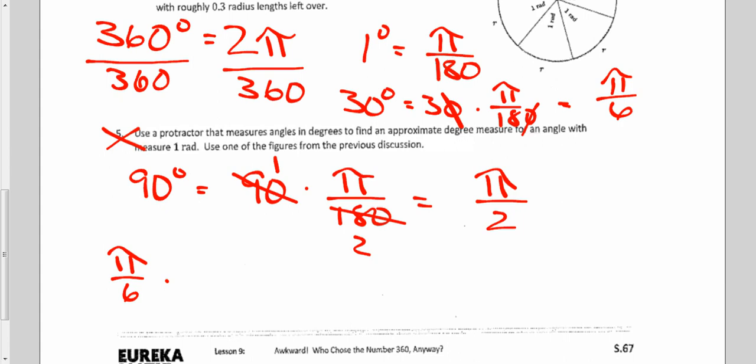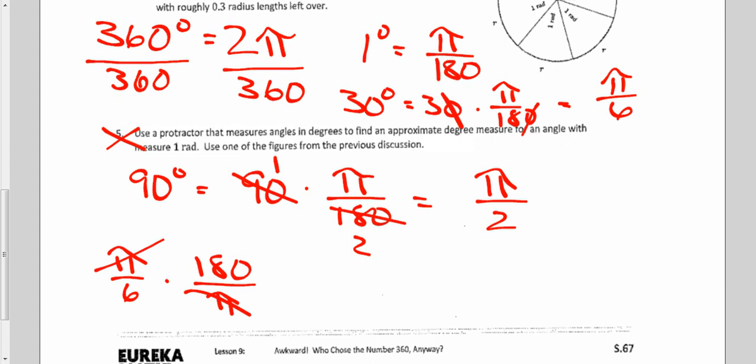Dividing is like multiplying by the reciprocal, right? Change. Flip. So, can I do 180 over pi? Sure. What's that going to give me? What is the answer? 30. These cancel out, right?